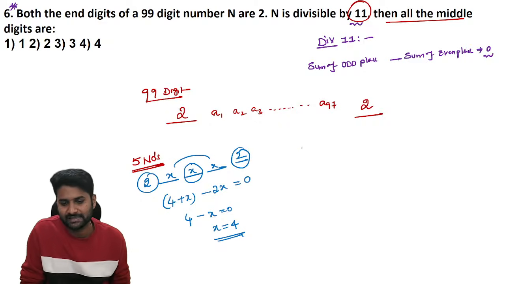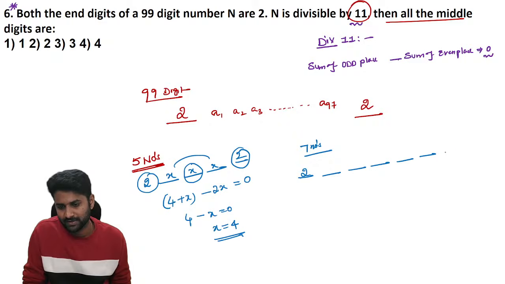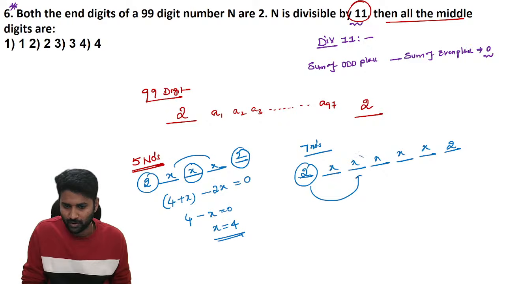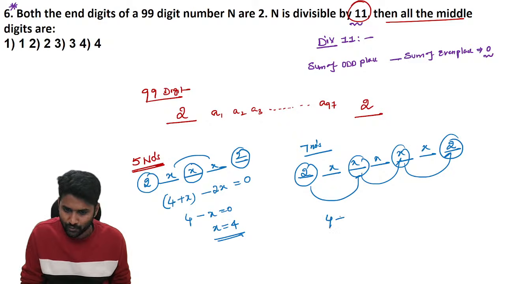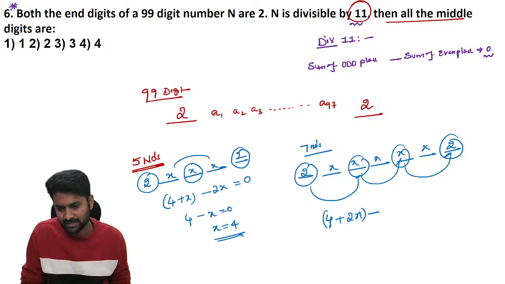Okay, let me take 7 digits. The first digit is 2, the remaining are 1, 2, 3, 4, 5, and the last digit is also 2. So in total we have 7 digits, with one value repeated in the middle. The sum of odd places is 4 plus 2x, minus the sum of even places, which is 3x.